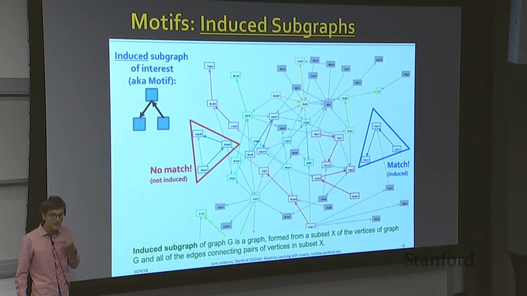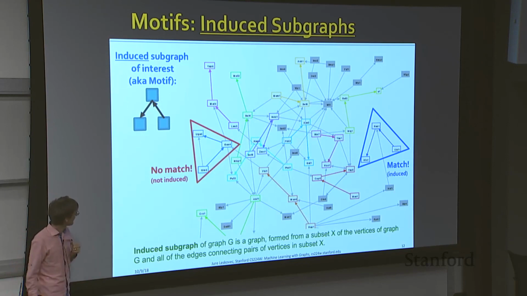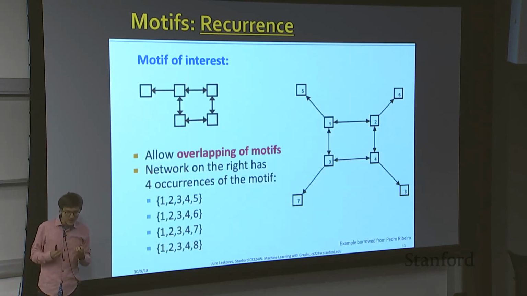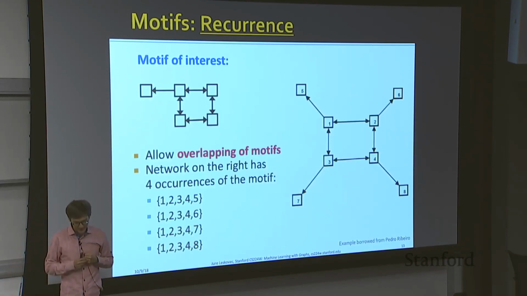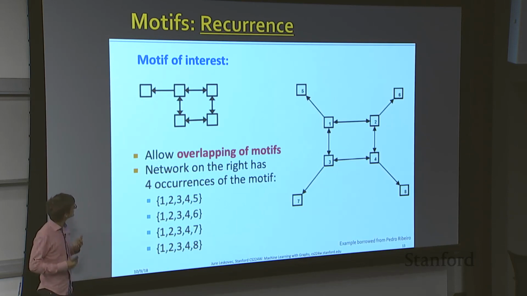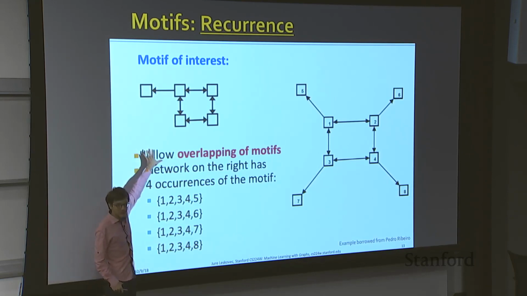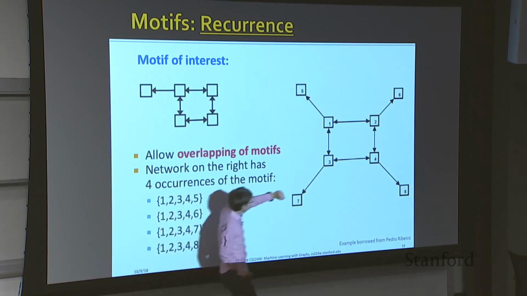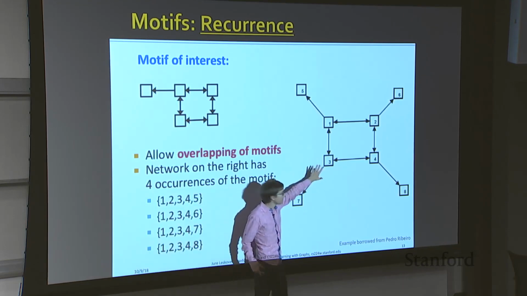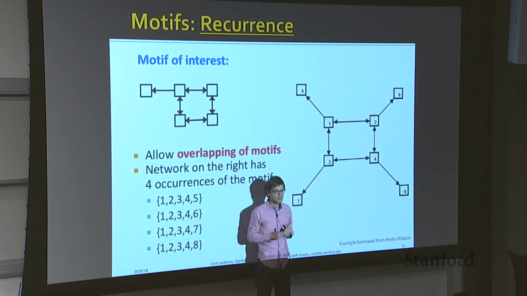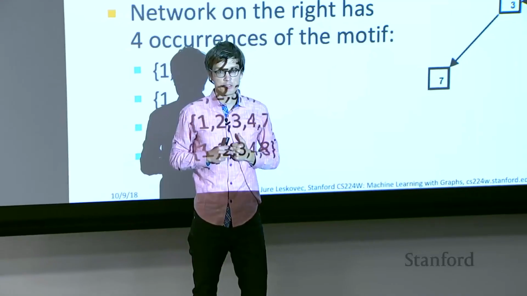Now, the second thing, we need to define the notion of occurrence. And the notion of occurrence is such that we allow for overlaps. The best way to illustrate this: if this is my motif of interest, and this is a toy graph, then in this graph my motif of interest occurs 4 times, right?